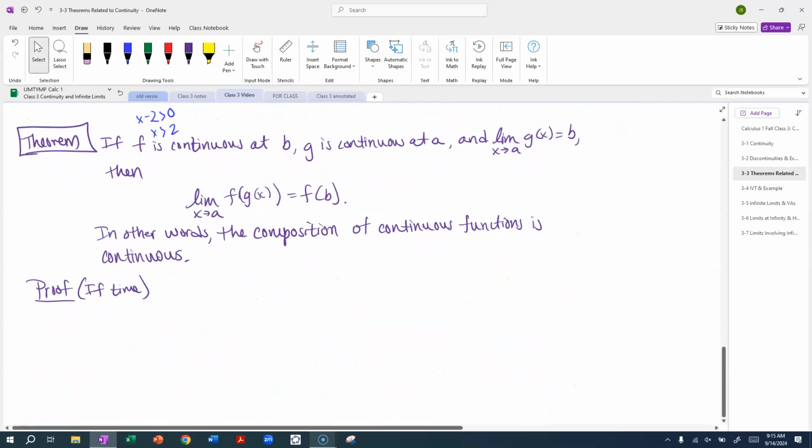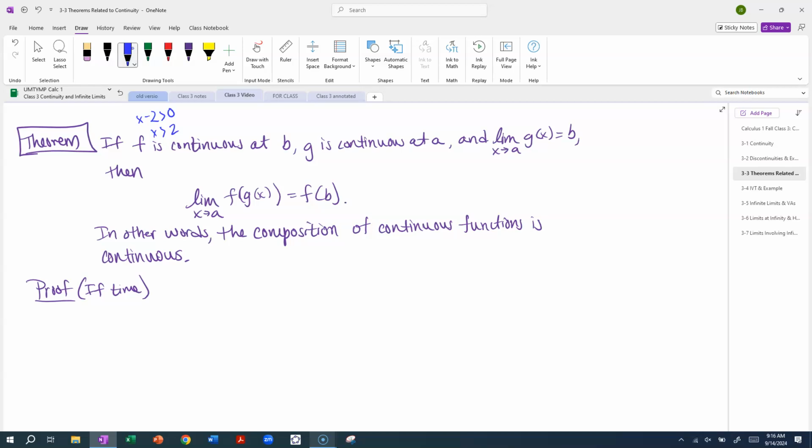Last theorem. So we talked about adding, subtracting, multiplying, dividing, scalar multiples. A continuous function of a continuous function is continuous. That's the punchline here. This one takes a little bit of time to prove, but is not terribly difficult.